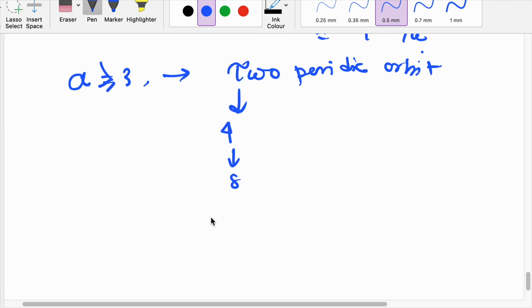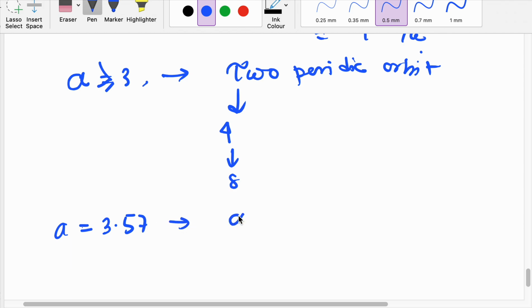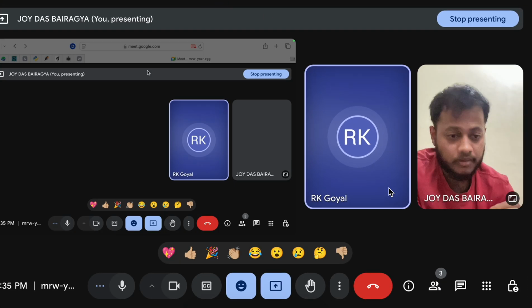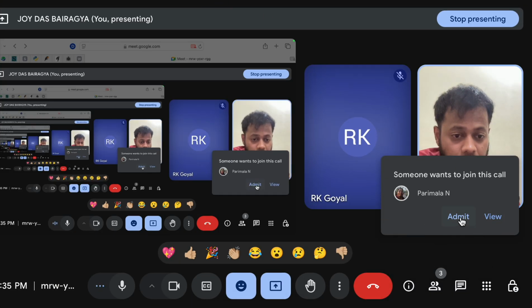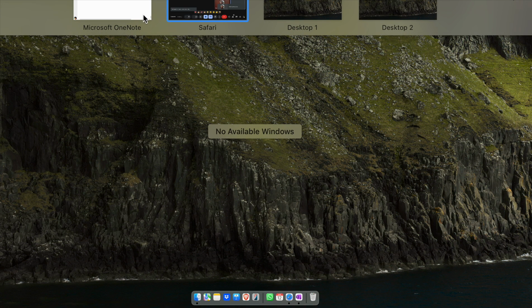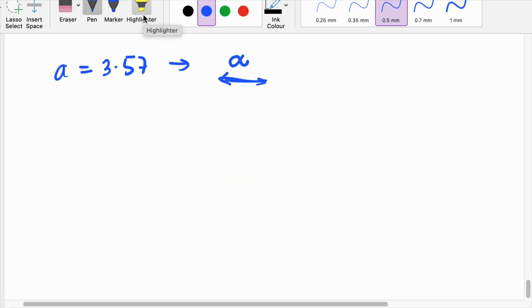Now after some point, when a equal to 3.57, you will find infinite orbital points, an infinitely periodic orbit. This corresponds to chaos.